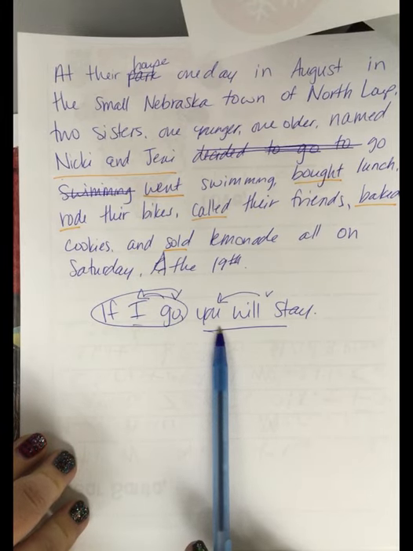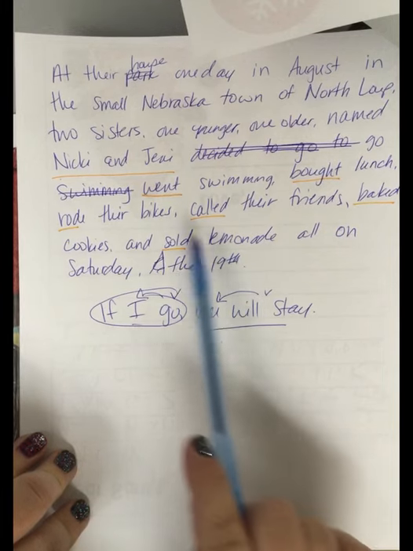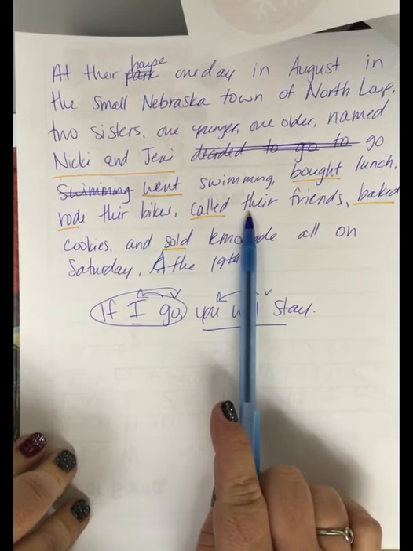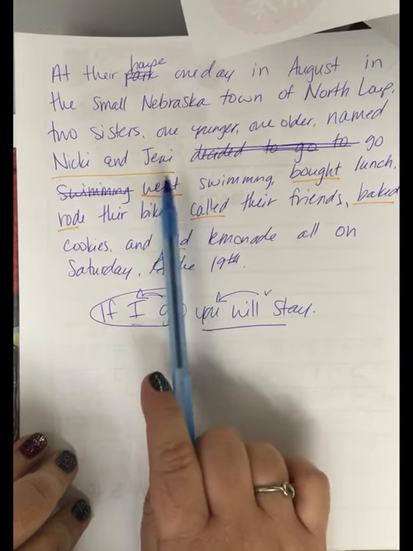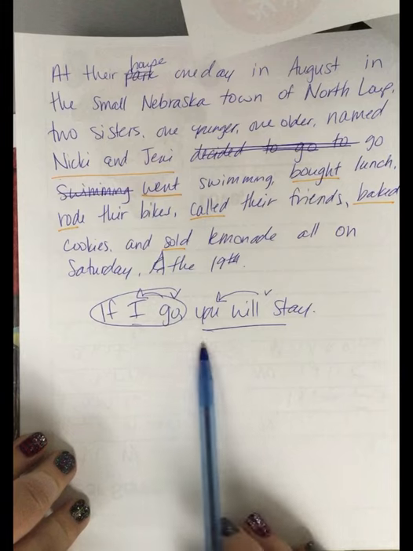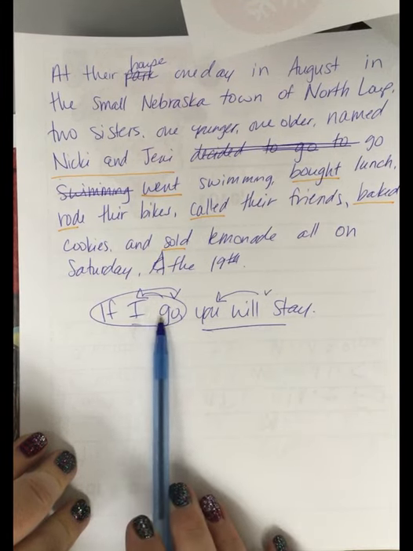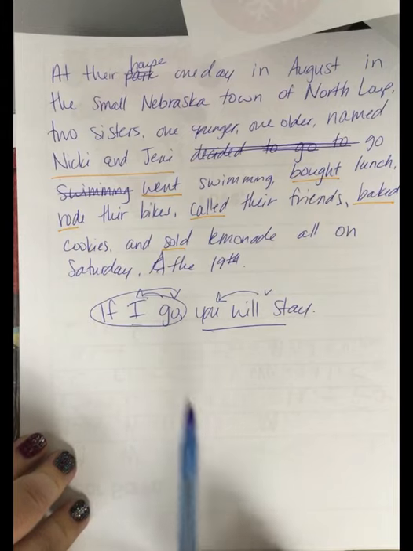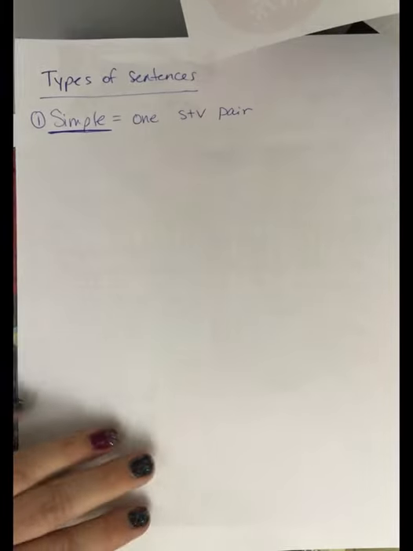You understand the point of this illustration? A pair means subject plus verb. There's more than one verb here, but it's still one verb going with one subject. In contrast, this is a separate subject and verb and a separate subject and verb. Got it? Make sense? Okay.